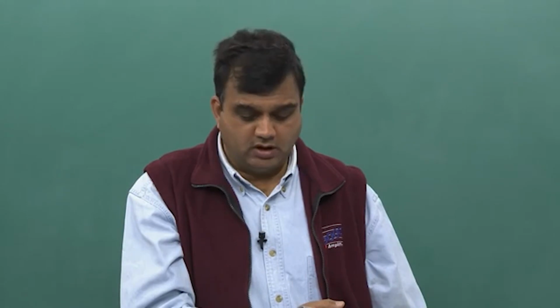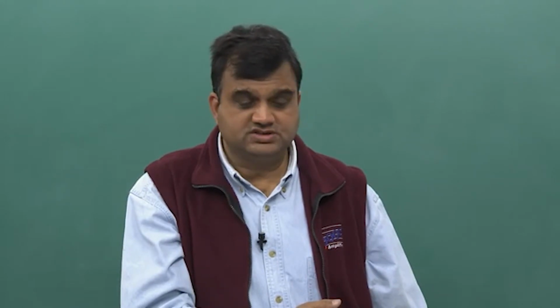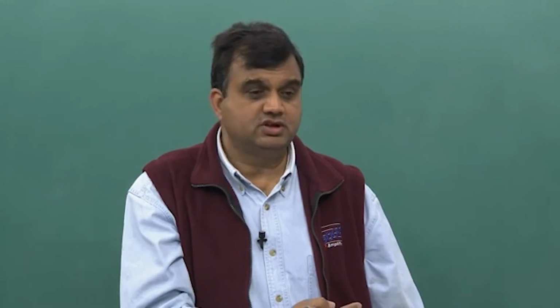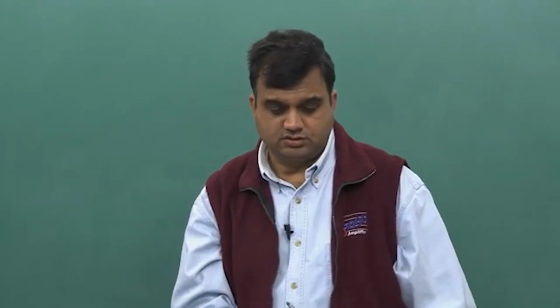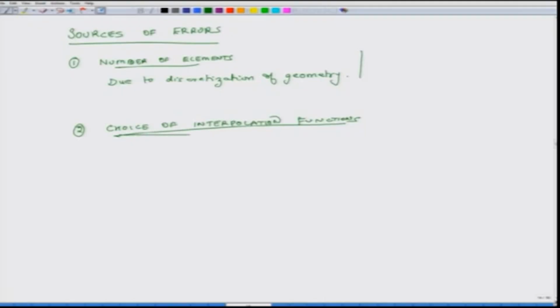If the order of interpolation function is low, then the error tends to be more. Okay. So this is due to choice of interpolation functions. And these are the two sources of errors which we had discussed earlier.